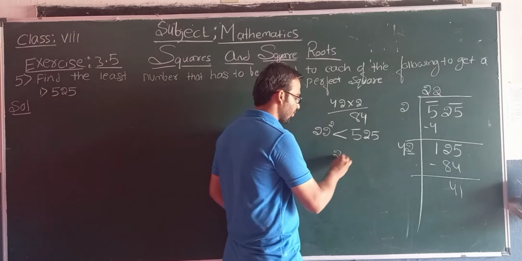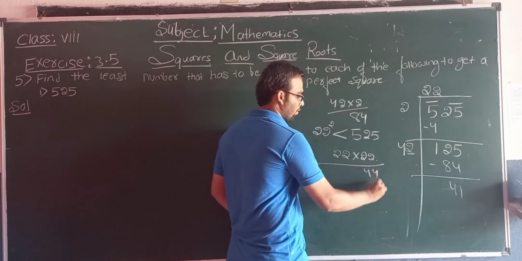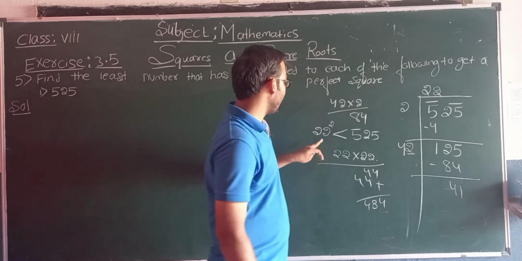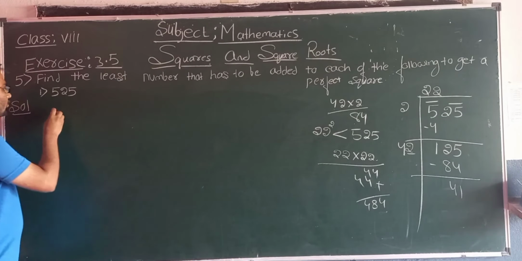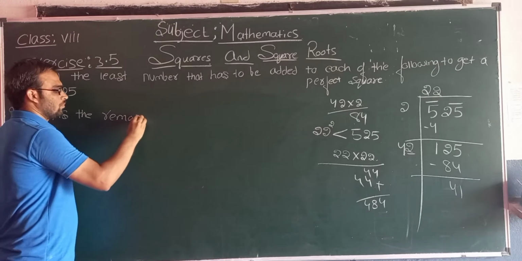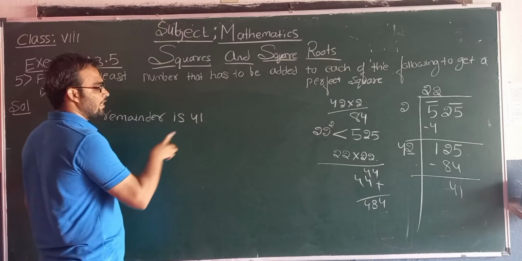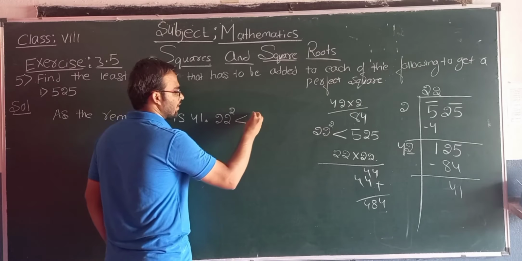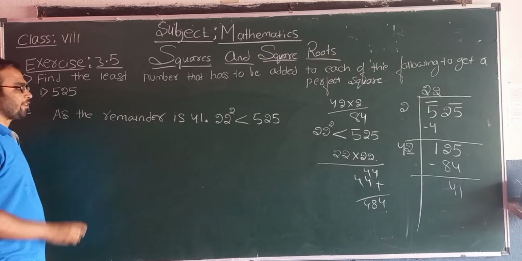So look here, 22 into 22, 2 2s are 4, 484. 22 square is what, students? 484. As the remainder is 41, 22 square is lesser than 525.